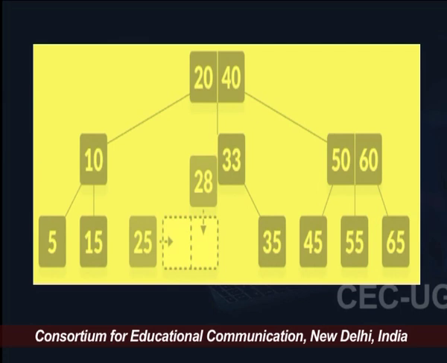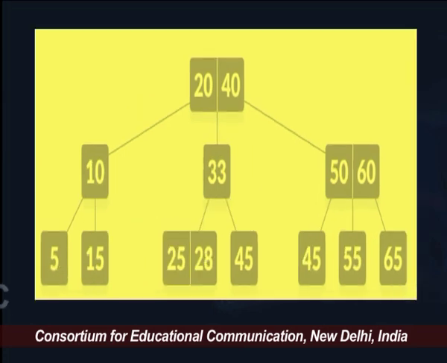So 25 along with the key 28, taken from the parent, is merged, and we have formed one node consisting of 25 and 28.